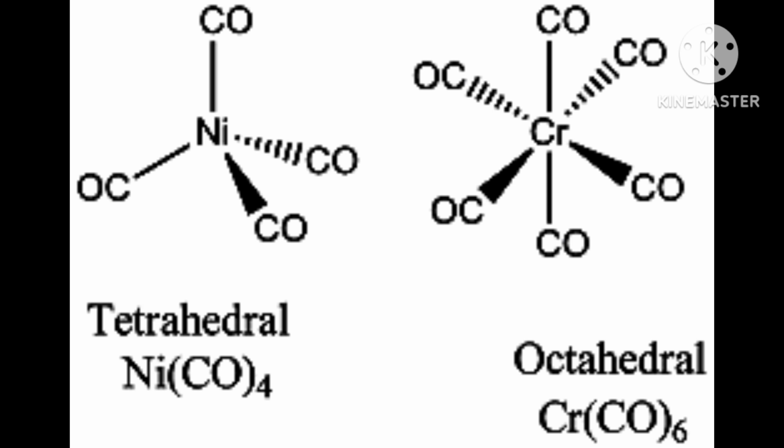But in this case, CO will donate a lone pair of electrons to the vacant d orbitals of the metal ion, as usual. But the extra thing here is that the metal d orbitals will donate electrons to the carbonyl.